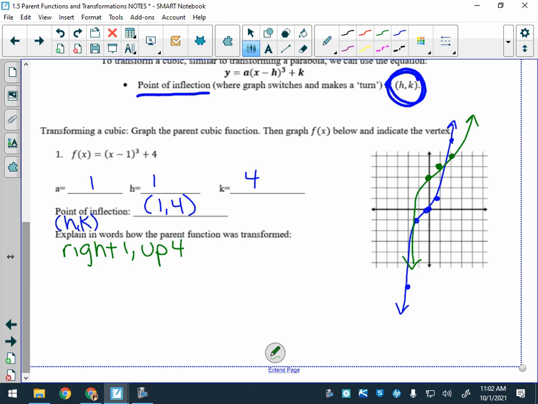Try the next one on your own. I'll leave this up here for reference.